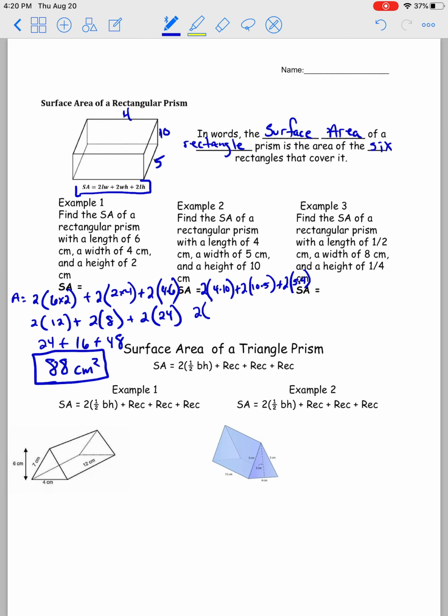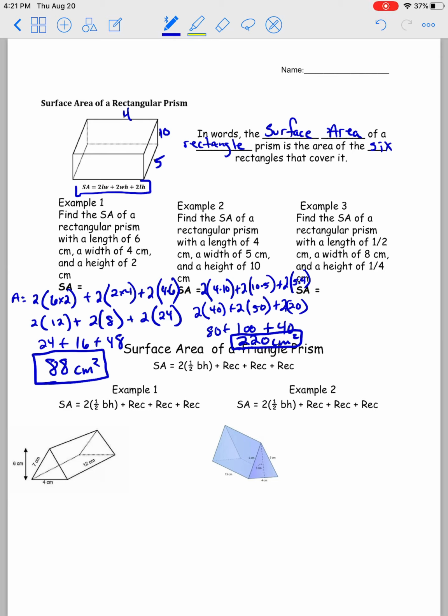So, I know this will be 2 times 40 plus 2 times 50 plus 2 times 20. This is going to be 80 plus 100 plus 40. And 80 plus 100 plus 40 gives you 220 centimeters squared.